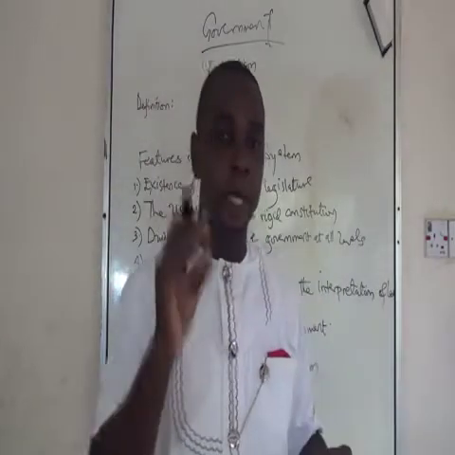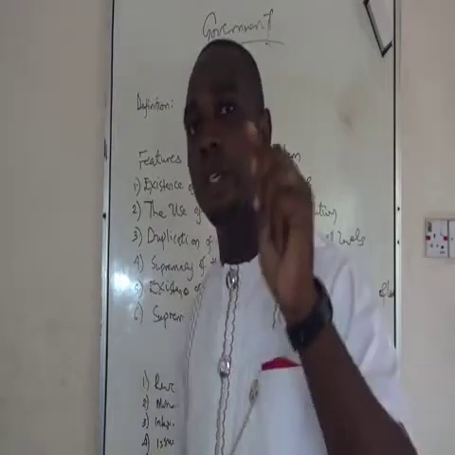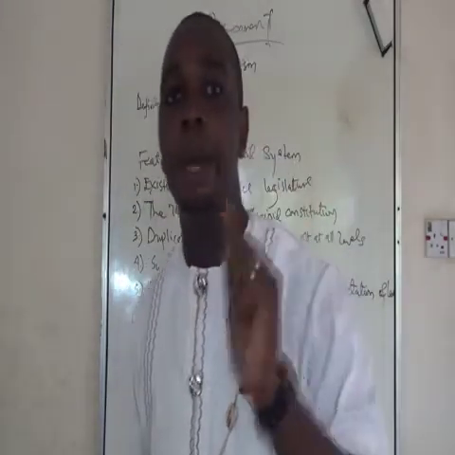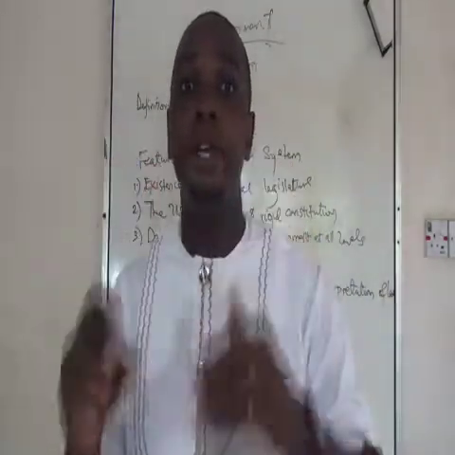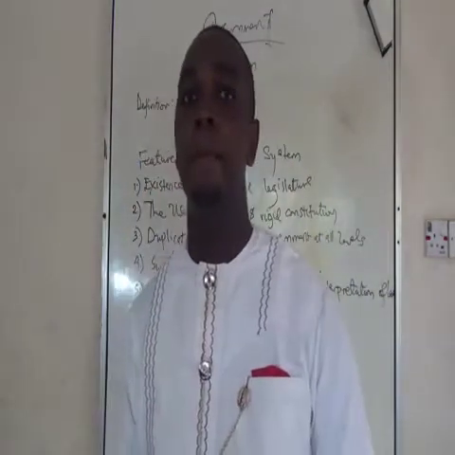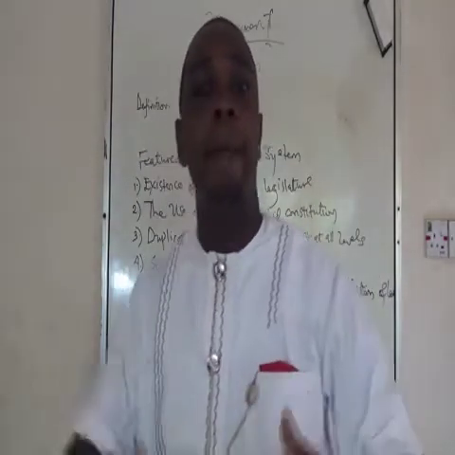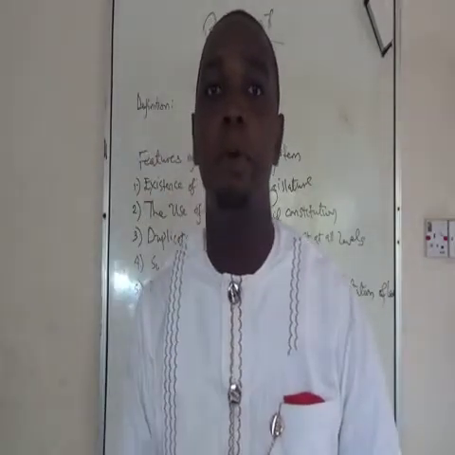Now, I'll give you a very typical example. Nigeria is a federal system. The seat of government in Nigeria is the Federal Capital Territory, which actually represents the federal system. And then it is from the Federal Capital Territory that power is decentralized to other component units.